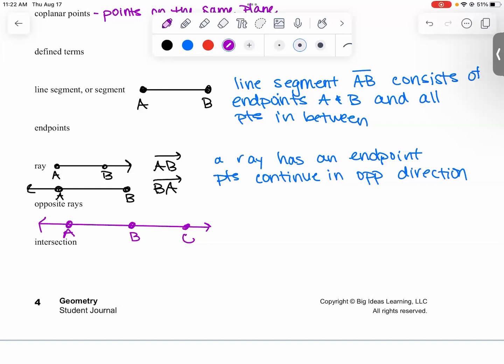So two rays that go in the opposite direction, and they need to share an endpoint. So BC and BA are opposite rays. They go in opposite directions, but they share the endpoint.